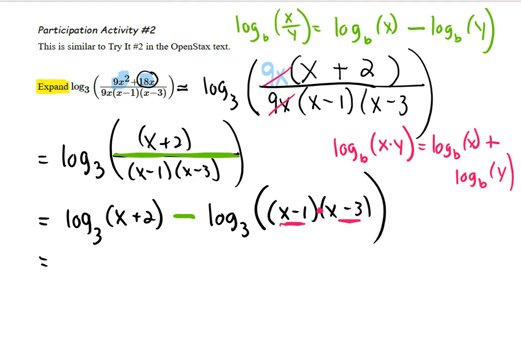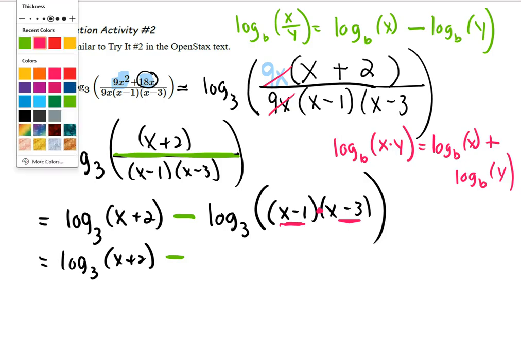So this becomes log base 3 of an x plus 2 minus, now here's the tricky part, this minus sign is going to have to be distributed. So it's going to be minus of, let me use another color.